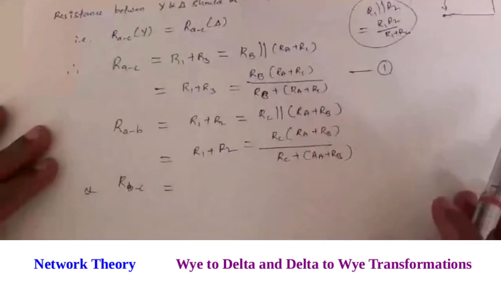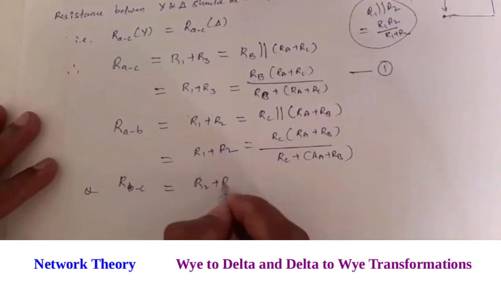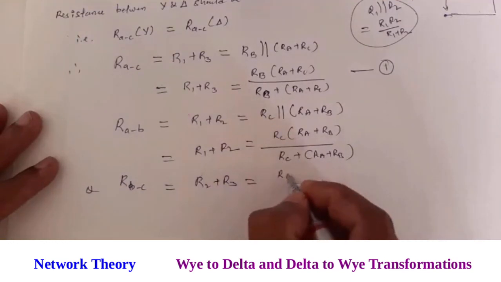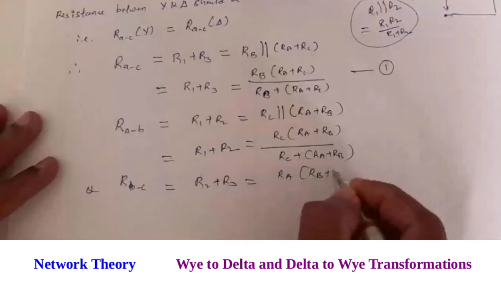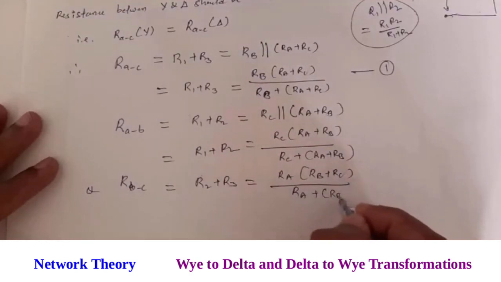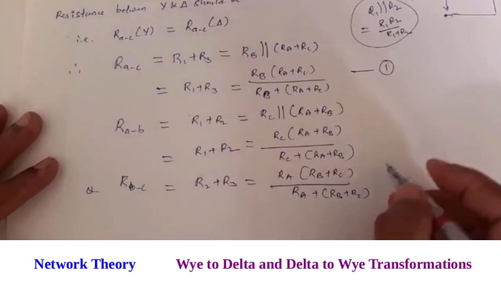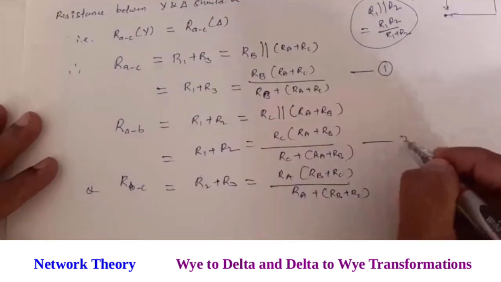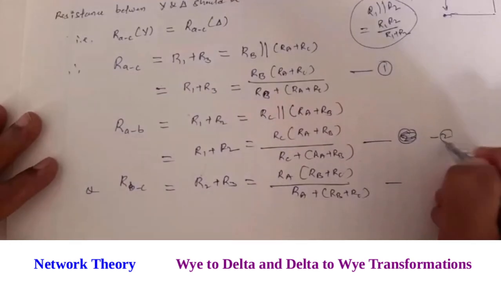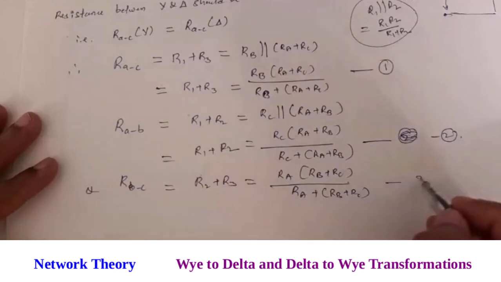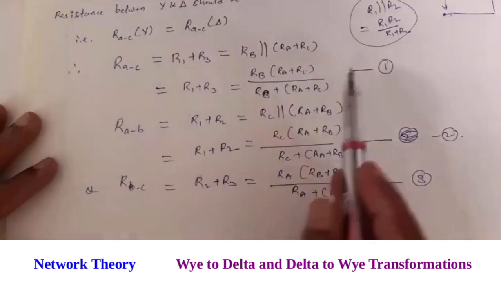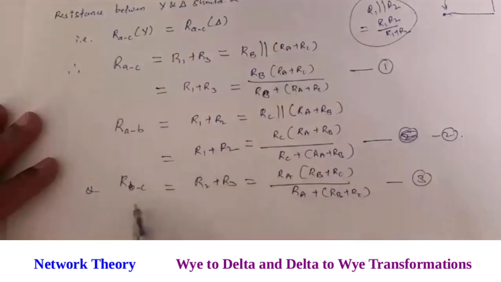So R2 plus R3 is equal to RA into RB plus RC divided by RA plus RB plus RC. I call this equation number 2 and this equation number 3. So one is RAC, another one is RAB, and the third one is RBC.